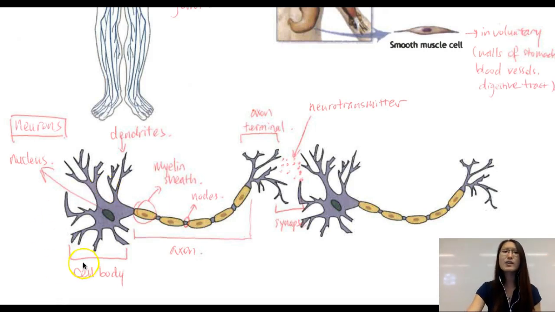So how it works is that you want to first identify the cell body, which is where we have the nucleus of the neuron. So right here, this whole part containing the nucleus is called the cell body, and this is the nucleus. Those little branches at the tip of the cell body are the branches that actually receive the chemical signals.